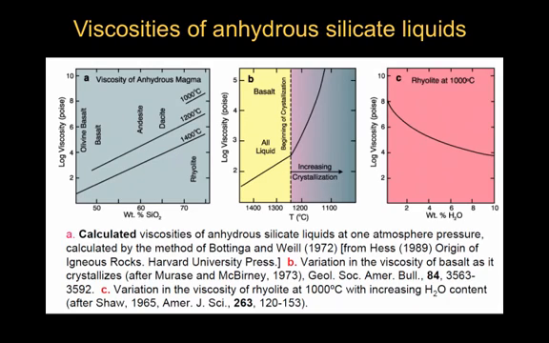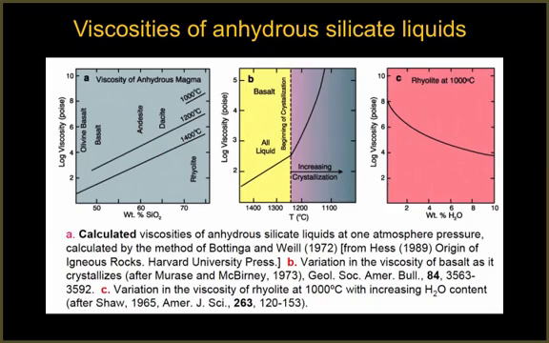If we look at plots of viscosity versus some of these properties, let's first look here at a plot of viscosity versus silica content. And what you see are the basaltic lavas here on the left near 50% silica, the rhyolites here near 70% silica.